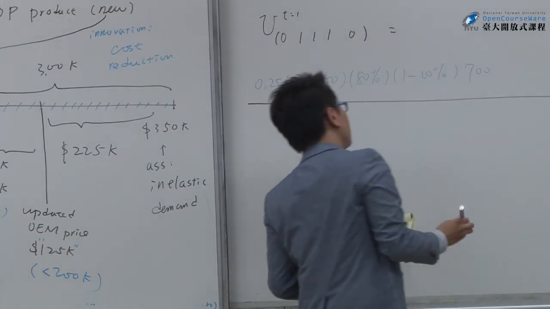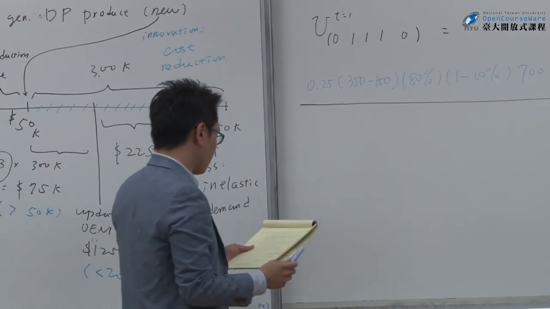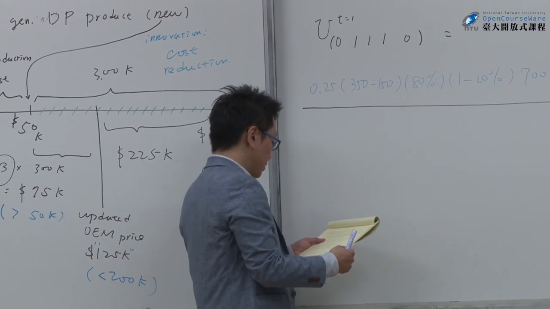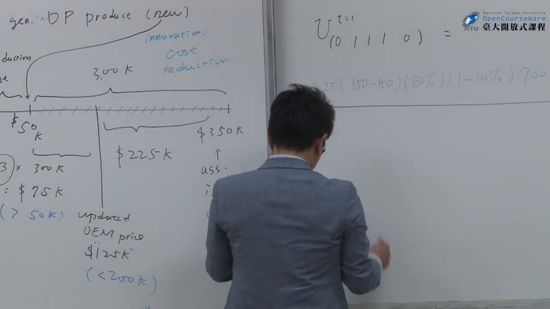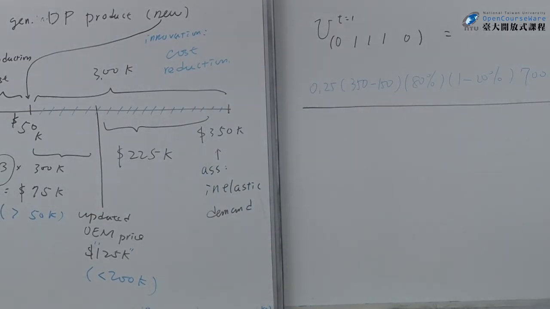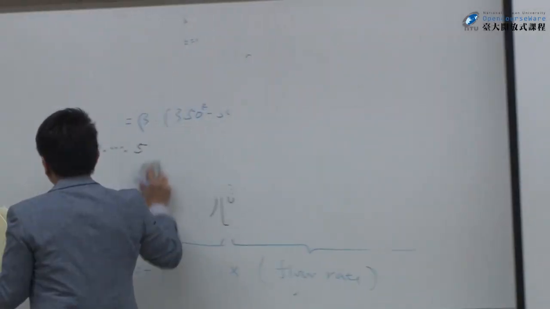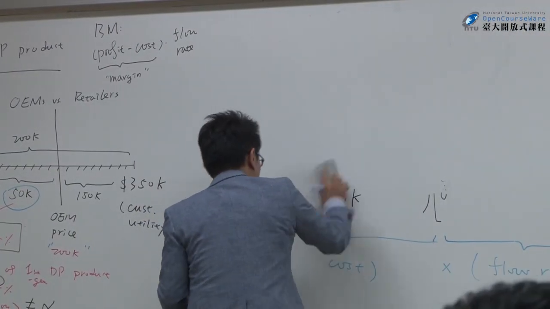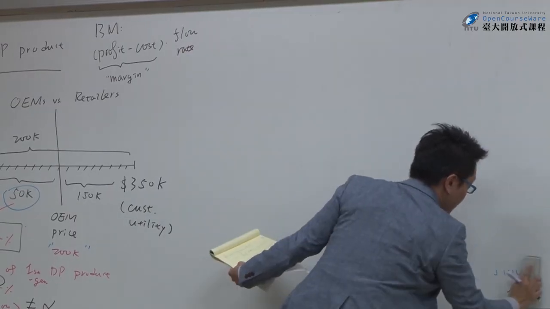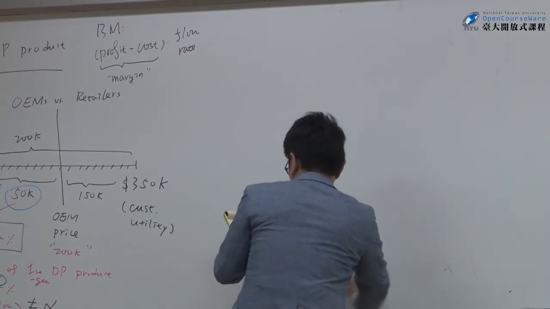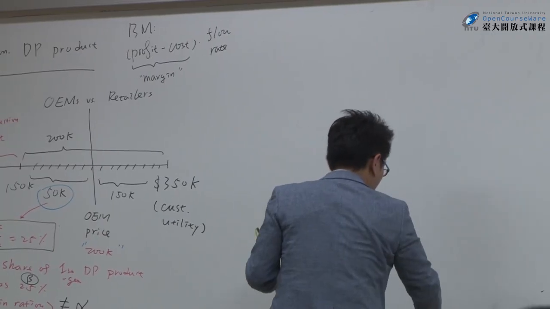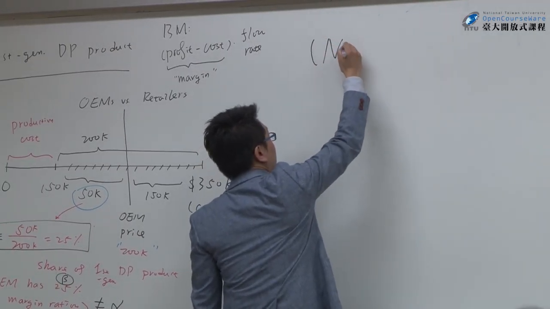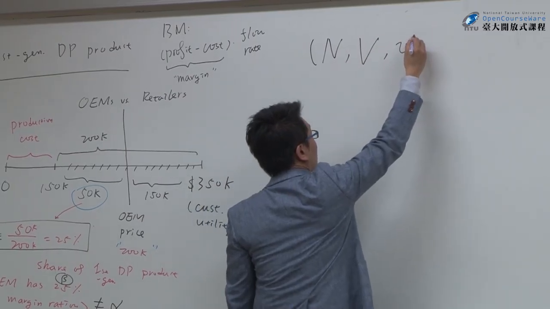So now you are an entrepreneur, you ask a venture capitalist to invest 100 million in this innovation, and you want to calculate whether this is valuable or not. So you ask for a $100 million investment, and you want to know whether this investment is worthwhile or not. So how can we do it? We already have capital N, capital V, and little v.